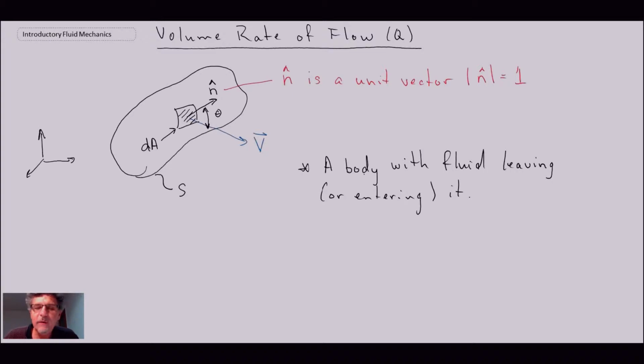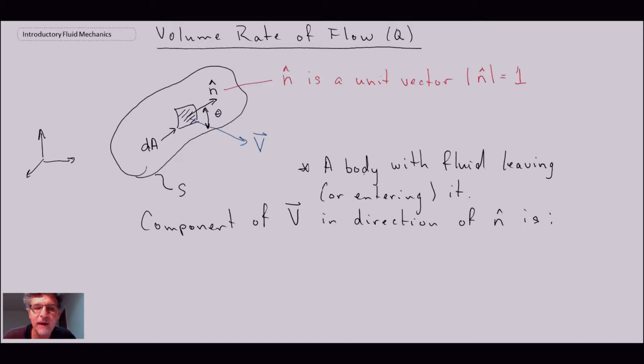Now, when we're computing the volumetric flow rate, what we're most often interested in is the component of velocity in the direction of the unit vector, which is normal to the surface dA. So we're usually interested in the component of v in the direction of n.